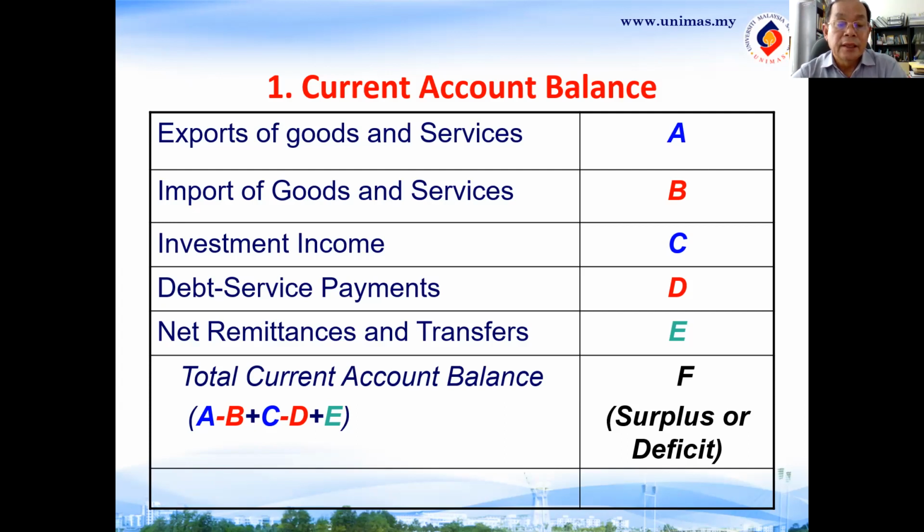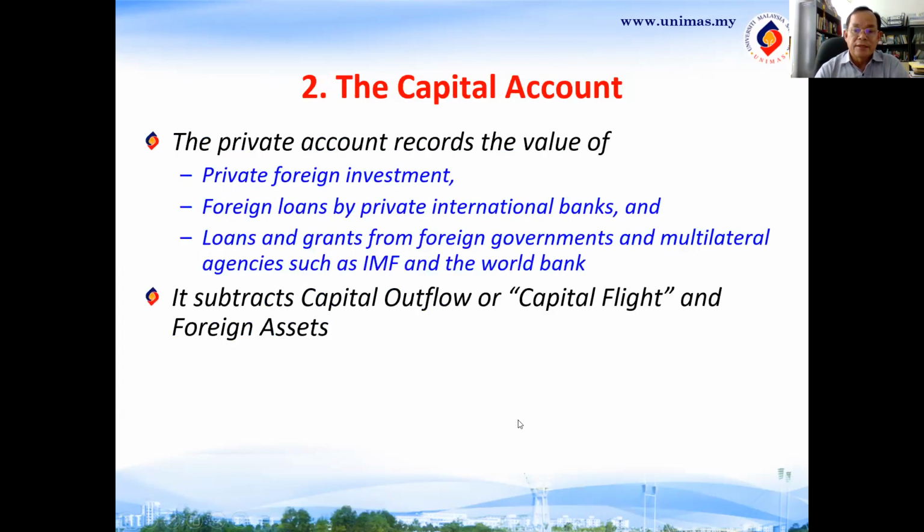If the value of goods and services that we imported, for example, is higher than the value of exports, ataupun there is very little investment that comes in and a lot of servicing of debt and so on, we may end up having a deficit.